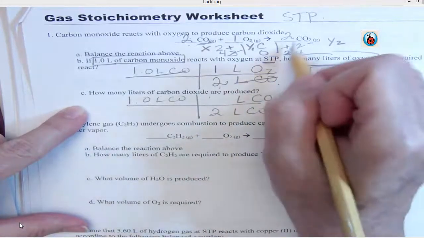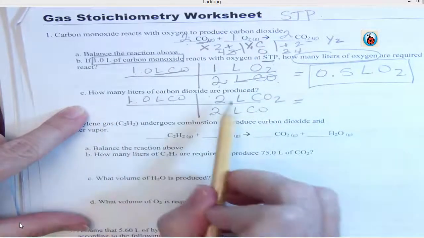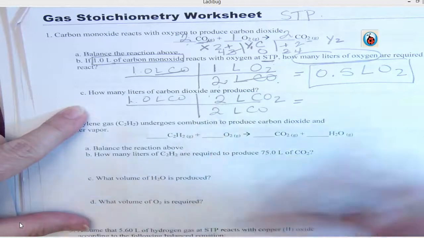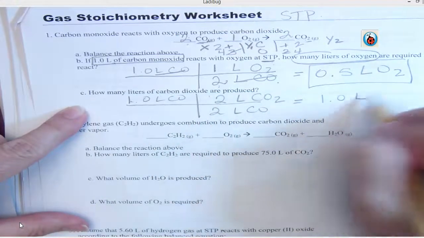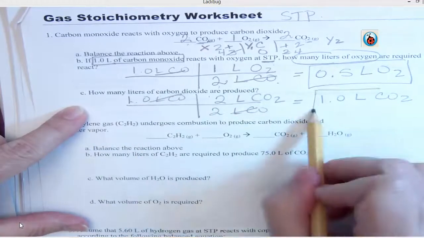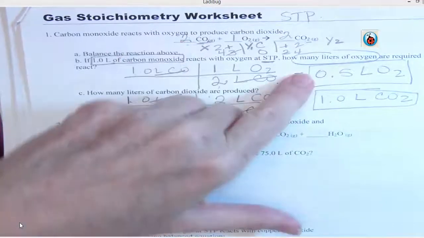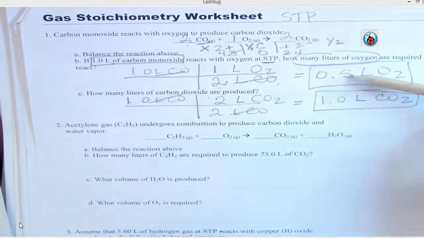What's in front of CO2? A 2. So I'm ready to calculate. 1 times 2 is 2, divided by 2 is 1. So I've got 1 liter of carbon dioxide because those cancel out. Okay, so I have 3 different answers here: the balancing, and these 2 answers here.